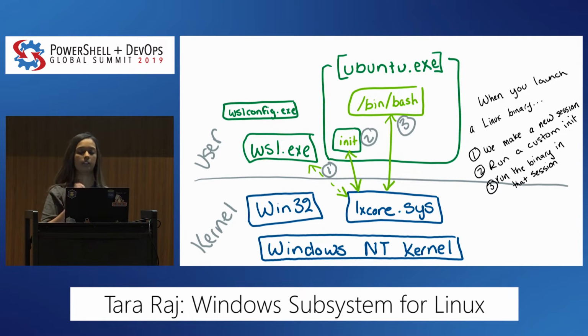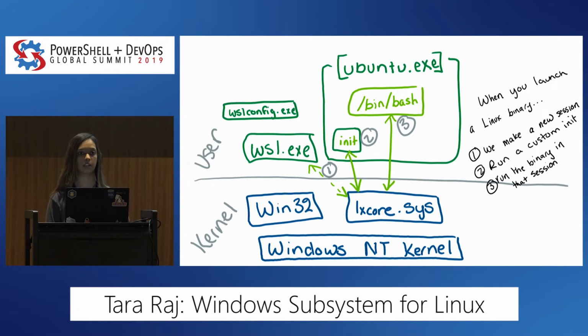Once you get those, and when you launch a Linux binary, what happens is we create a new session, and that's with all of the WSL processes, and we run a custom initialization file. That is within the distro itself. That custom init file will launch. Each distro is able to make their own changes to that init file as well.